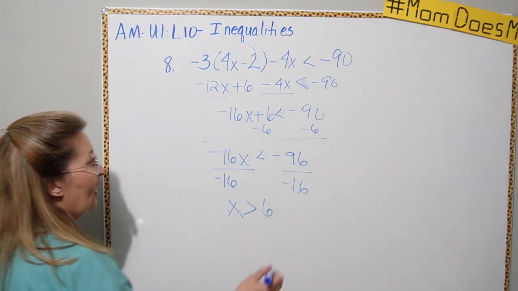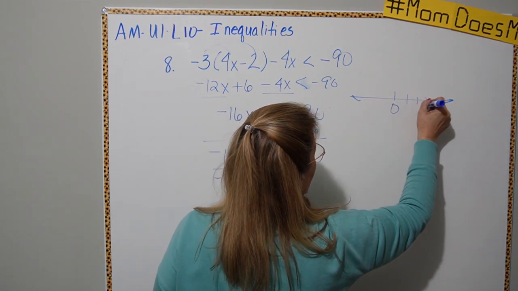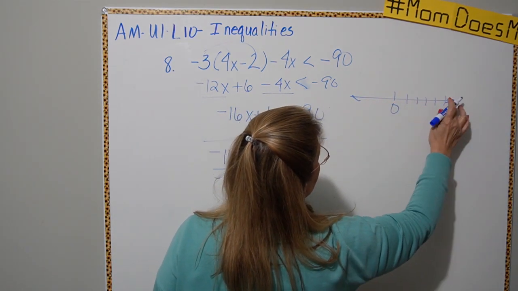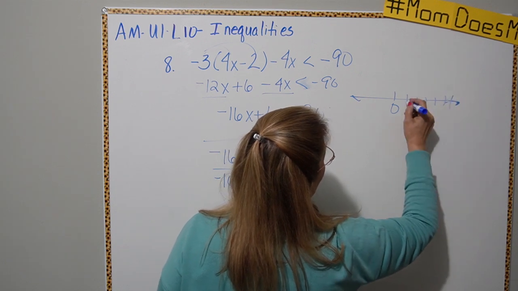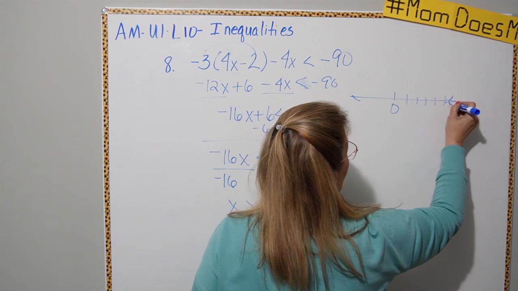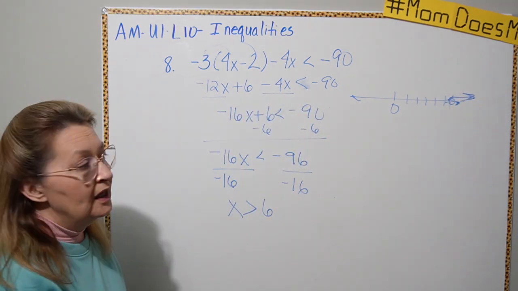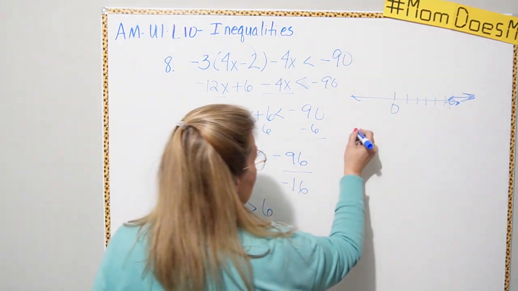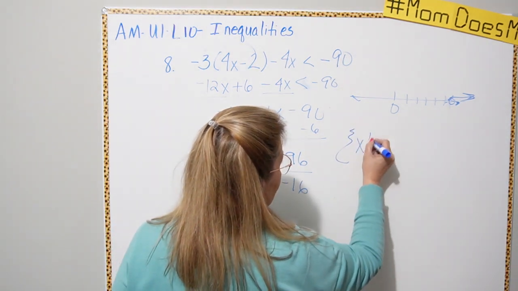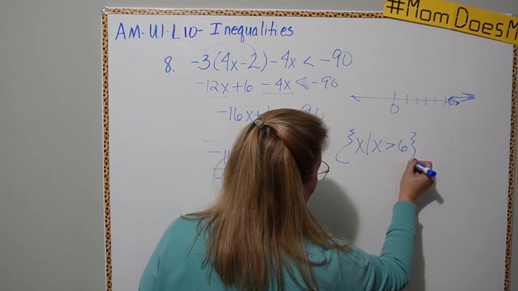So we want to graph this on a number line. And you don't have to get too specific. 1, 2, 3, 4, 5, 6. Since this is greater than, it's going to be an open circle and the arrow going off to the right. Now for set notation, we're going to have x such that x is greater than 6.